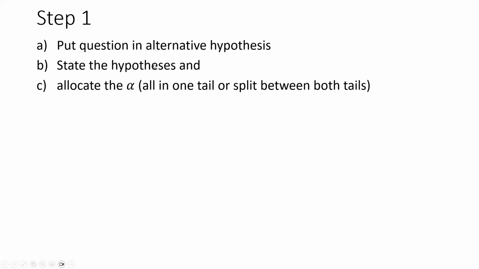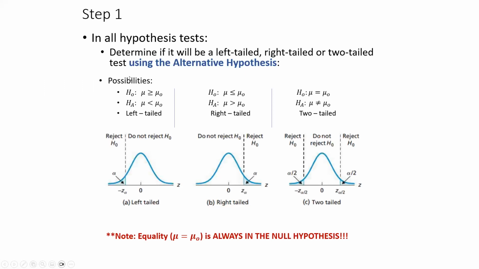Just to remind you, we're going to determine if it's a left tail, right tail, or two-tailed. This is how we figure out where to allocate the alpha. We always do that based on the alternative hypothesis, right? So we always use this.